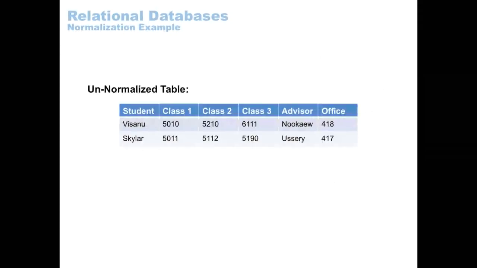Now, here's an example. So we have this unnormalized table, and the problem with this table is we have these repeating groups. We have 3 different columns for class. So what happens if somebody comes along and wants to take 4 classes or 5 classes? How many class columns are enough for this database?